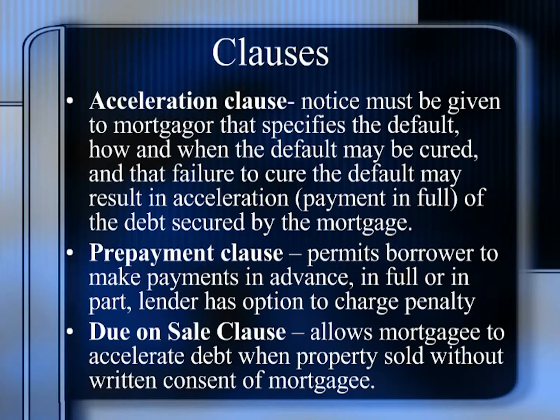The prepayment clause permits the borrower to make payments in advance. And it could be as little as paying another $100 a month or paying it off in full. Now, there may be what's called a prepayment penalty. This often comes up with some of the newer interest-only and option ARM loans.